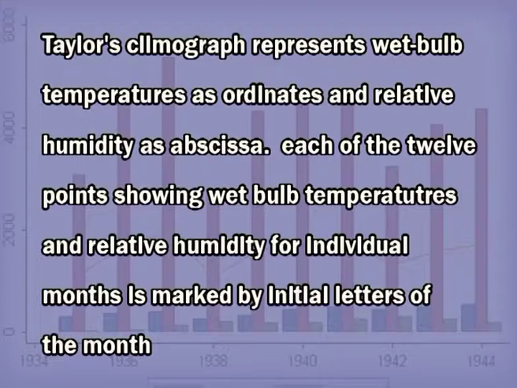The view of Taylor has gained more importance and it has become almost a conventional method of plotting a climograph. Taylor's climograph represents wet bulb temperatures as ordinates and relative humidity as abscissa. Each of the 12 points showing wet bulb temperatures and relative humidity for individual months is marked by initial letters of the month.